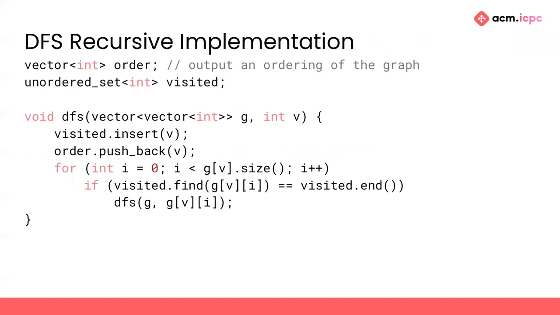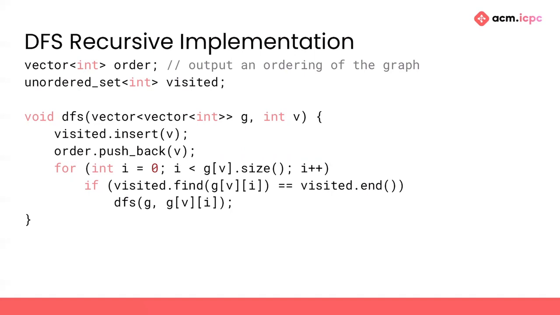Is find like a pointer in a structure or something? Oh yeah, sorry. I think it's maybe helpful to explain what the syntax means. So visited is an unordered set, and the find will tell you the index or location of the input that you give it. When it gives you visited.end, it just means that you cannot find this item in the set.